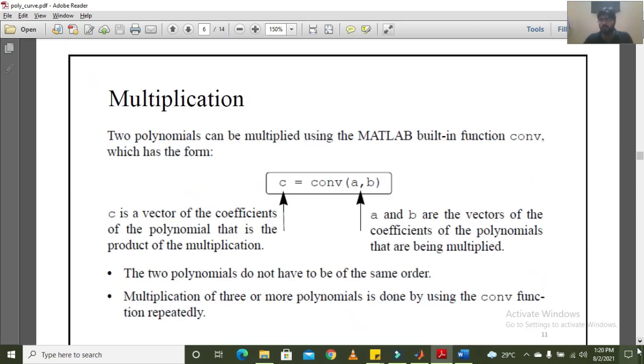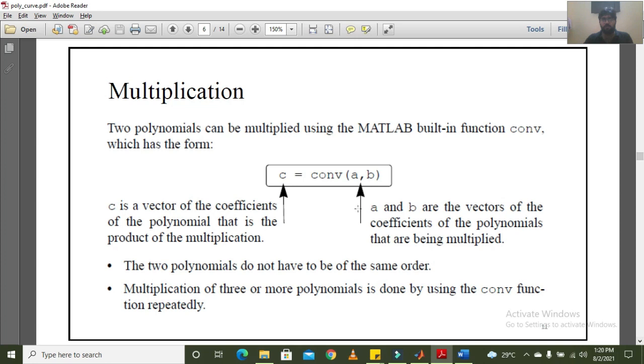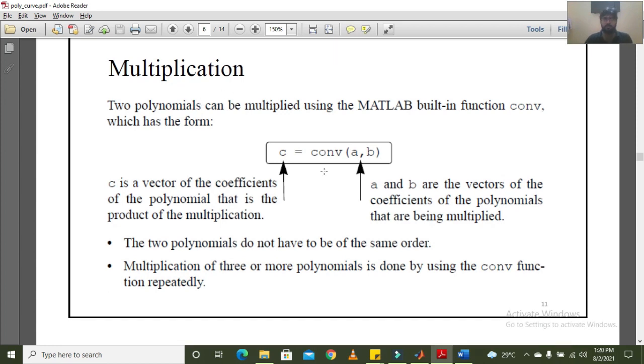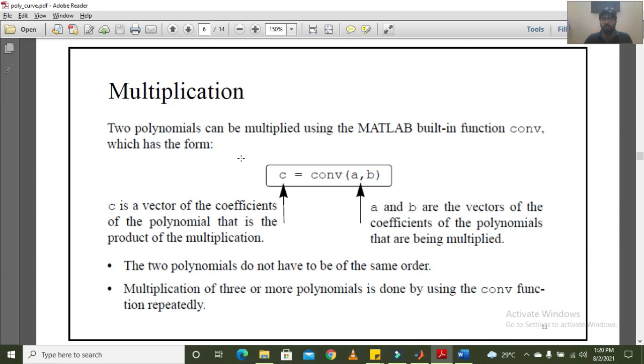And next we have multiplication of polynomials. For multiplication of a polynomial, we have a function conv. Since it is a MATLAB built-in function, it will be in lowercase and there will be some input arguments inside the parentheses as well.